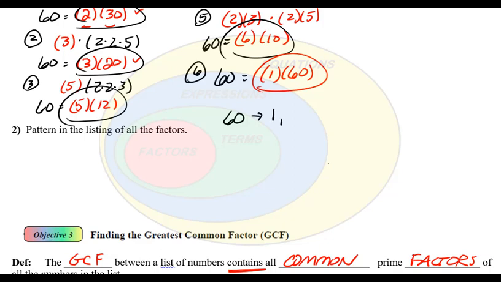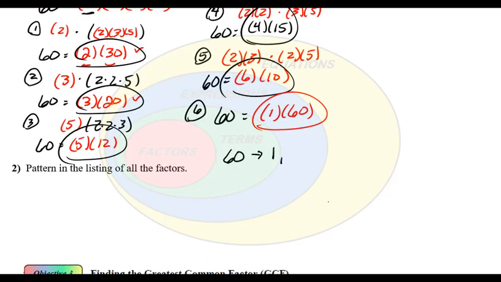Then 2, 3 is the next biggest, 4 was also a factor, 5, 6, and then 7, 8, 9, no, but 10 is the next biggest factor. And then 12, 15, next 20, 30, and 60. Oh, I ran out of room. Okay, so I just rewrote them so I could have enough room to see them.